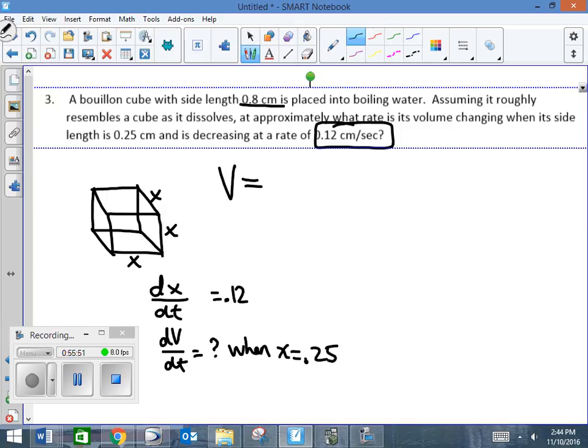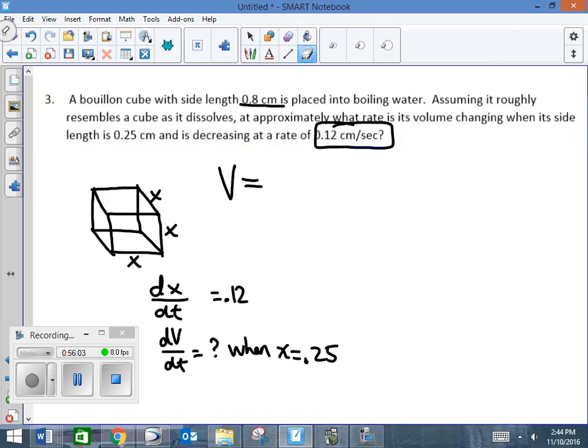We have one little issue here: it's decreasing, so it's negative. Be careful about that.